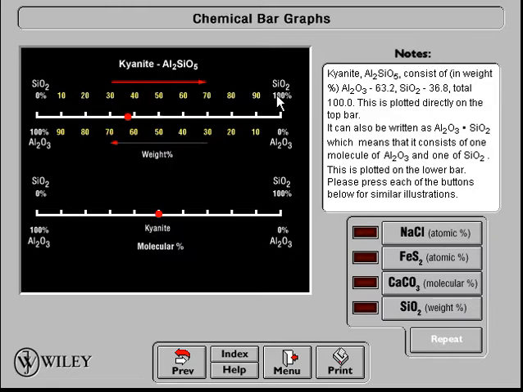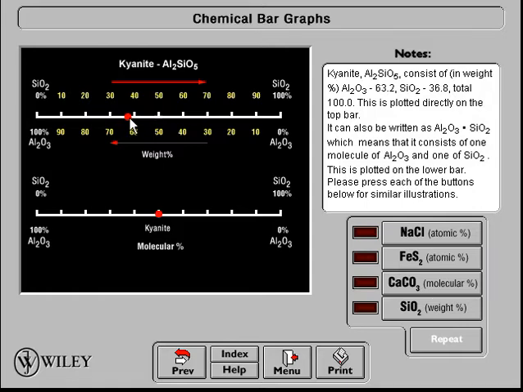Just going here to the text on the right hand, kyanite Al2SiO5 consists of, in weight percent, 63.2% aluminium oxide and 36.8 weight percent of SiO2. This gives in total 100%, and this is plotted directly on the line here on the top bar.